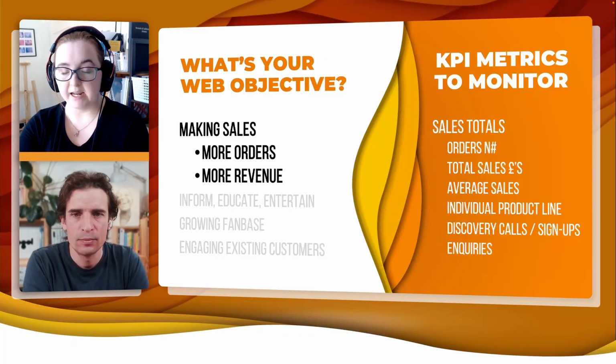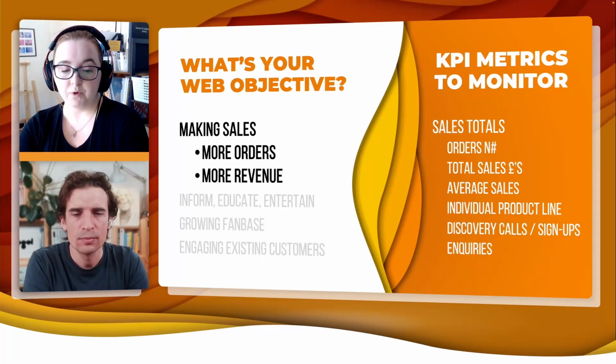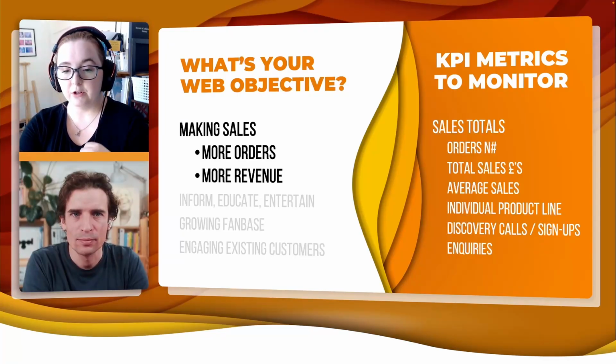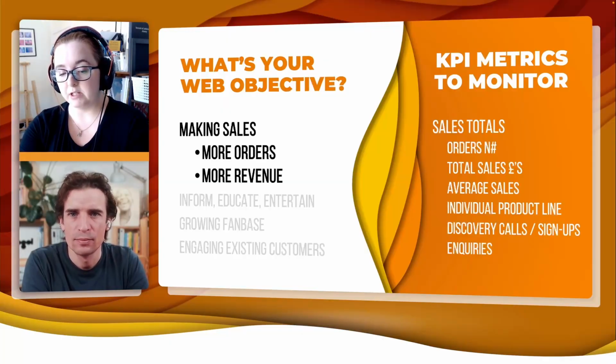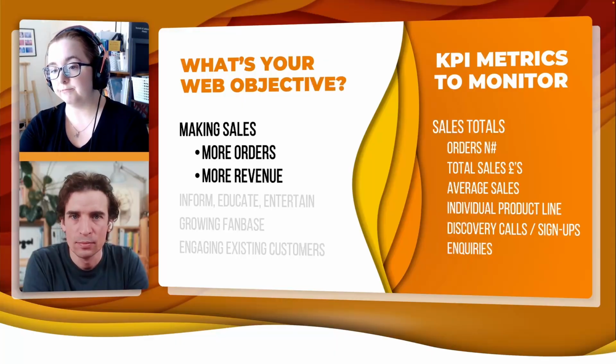Just as a blanket rule, everyone needs to be monitoring traffic. Within sales, to take it a step further, you might want to analyze individual product lines. Which products are doing well, and maybe try to analyze why and build on that success. And then perhaps look at products that aren't selling well and investigate that a little further.